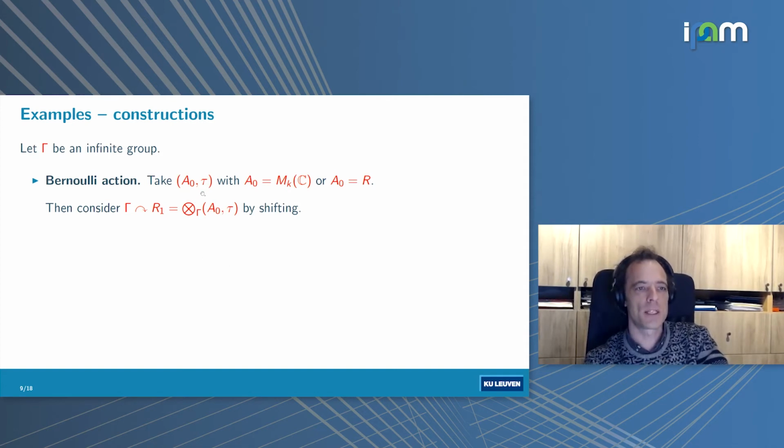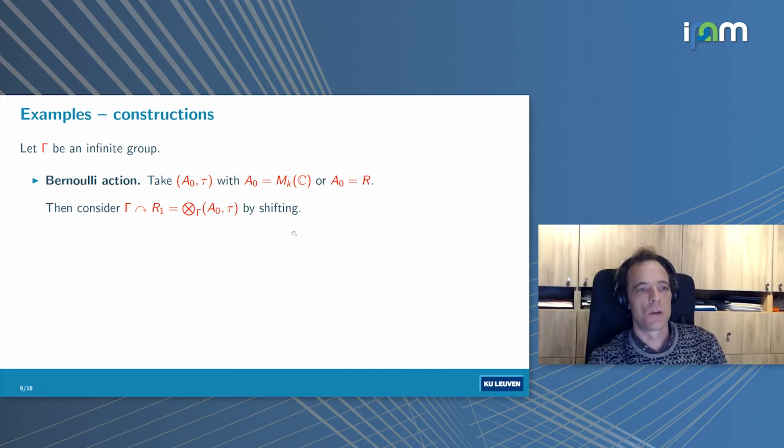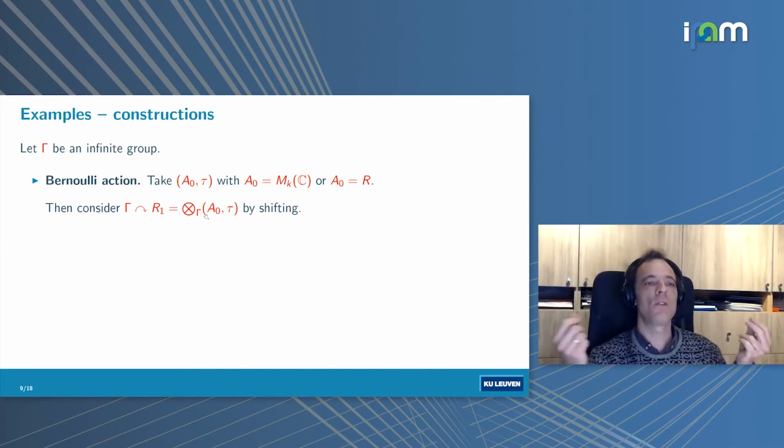So you fix a von Neumann algebra with a trace, and let's take k by k matrices with the normalized trace, or take the hyperfinite II_1 factor itself. So you can then make another copy of the hyperfinite II_1 factor by taking an infinite tensor product. In the previous talk, we have seen an infinite tensor product of 2 by 2 matrices.